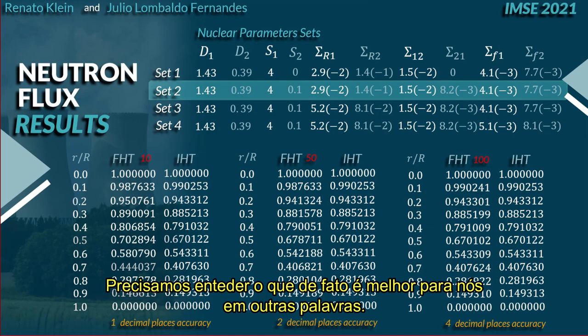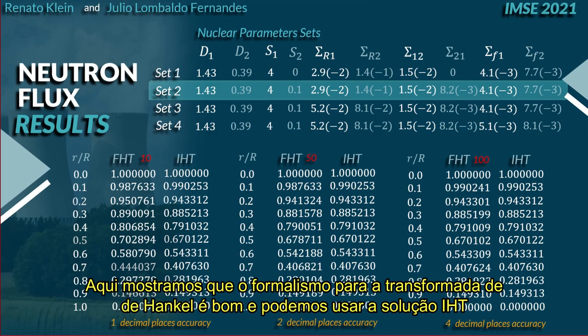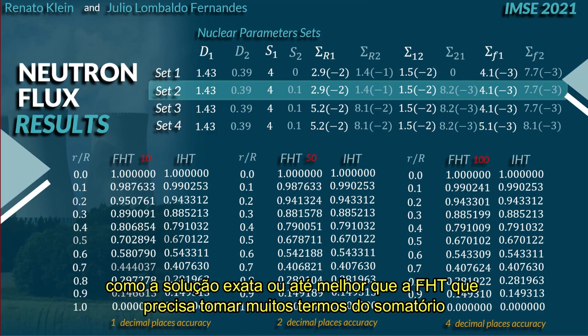And here we show that the formalism for the Hankel transform is good. In other words, we can use the AHT as an exact solution, or better than the exact solution FHE when taking a lot of terms of the summation.